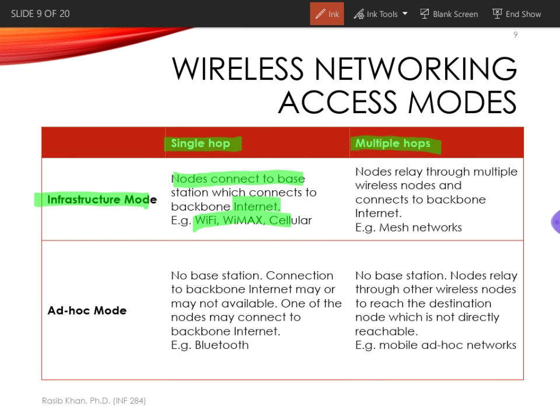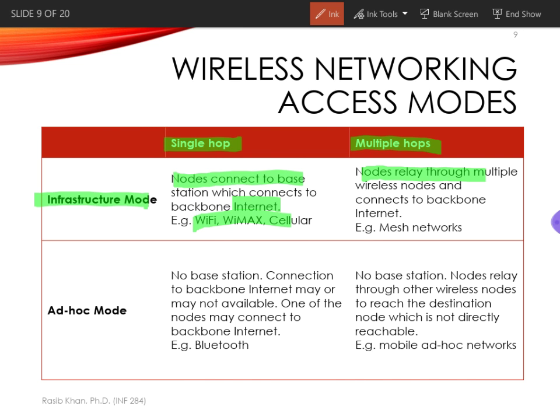However, if you consider multiple hops for infrastructure mode, there are multiple hops when nodes are relaying through multiple wireless nodes, and then they connect to the backbone internet. So this is a slight variation, or more of a complex variation, of the infrastructure mode that we have seen earlier.